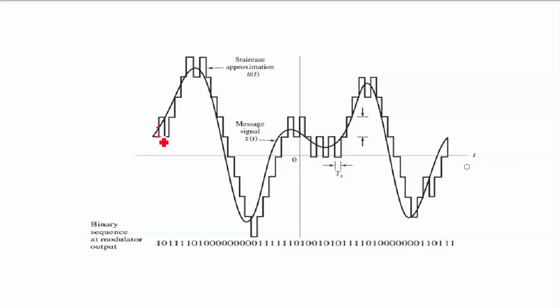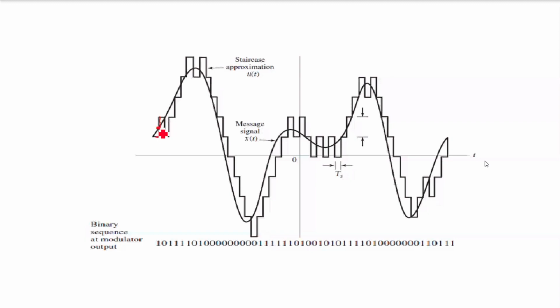Now, if at the output of the adder the difference, this sample value minus this predicted value, is greater than 0, then the step size will be incremented by delta.